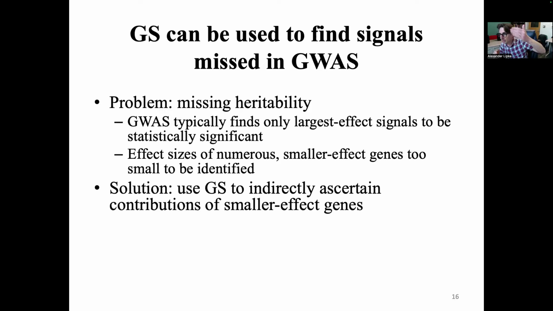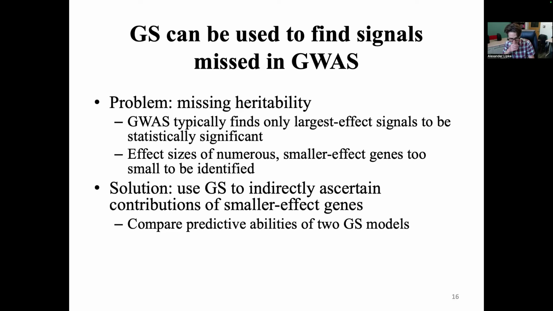So we're utilizing genomic selection to indirectly tell us something about the contributions of these smaller effect genes. So essentially what we did was this. We compared two different genomic selection models. Okay. One of them accounted for putative a priori candidate genes. The other one did not. And we compared the predictive abilities of them.